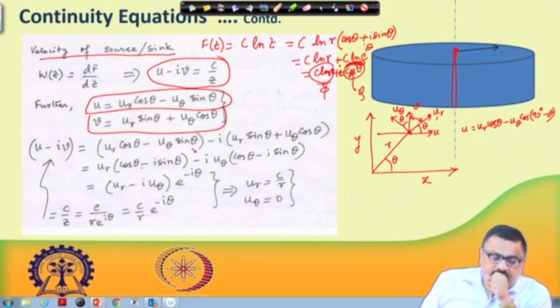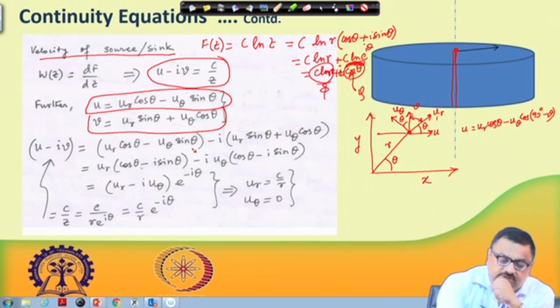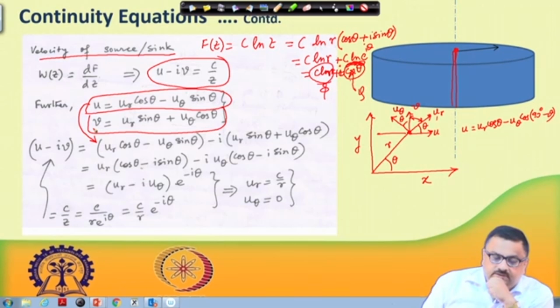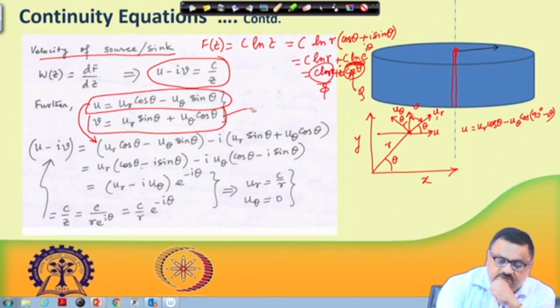So, u is written as u_r cos theta minus u_theta sin theta. This is what is going in here, and this v is in u minus i v. So, this v is going here, u_r sin theta plus u_theta cos theta.